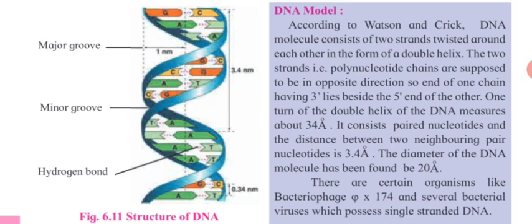DNA is a polynucleotide chain. Nucleotides consist of sugar plus phosphate plus nitrogen base together, and these nucleotides form the polynucleotide chain that we call DNA. Nucleosides consist of nitrogen base and sugar, which take part in the formation of nucleotide. So nucleoside means nitrogen base plus sugar.